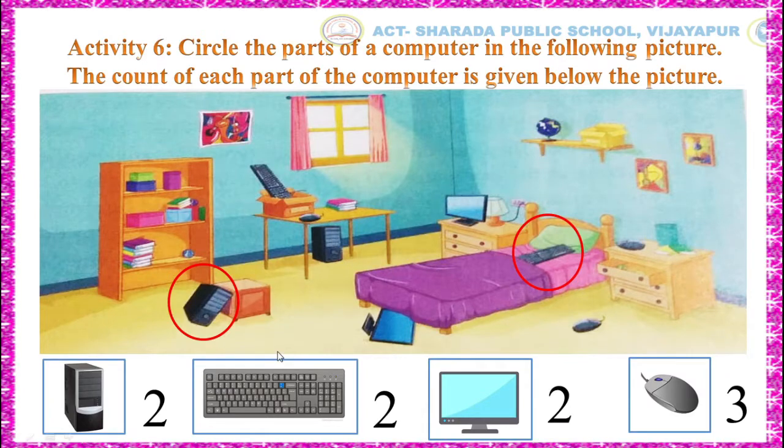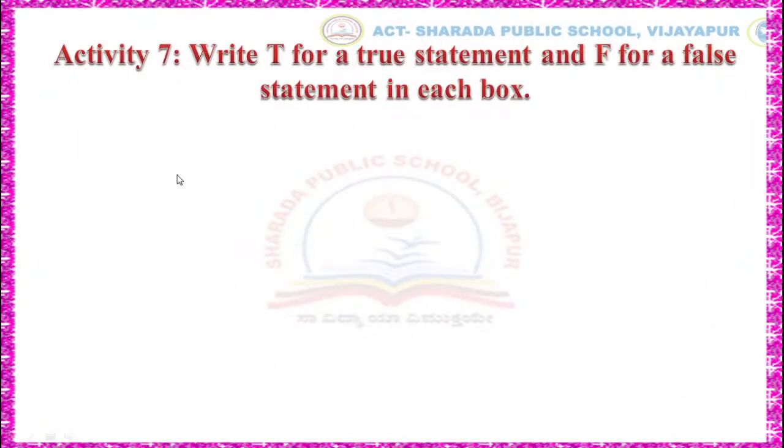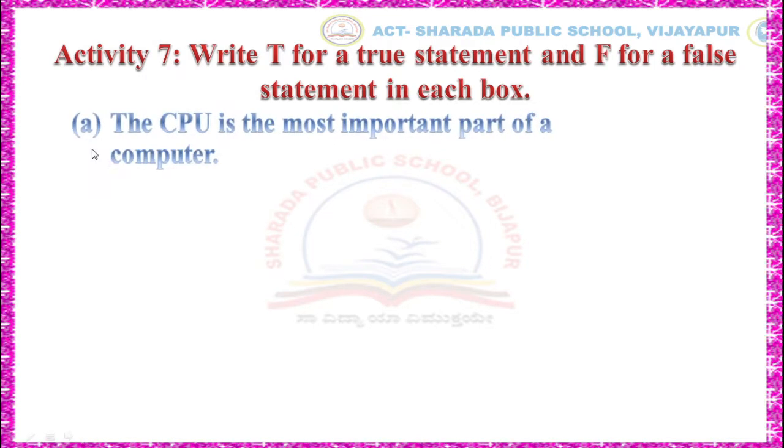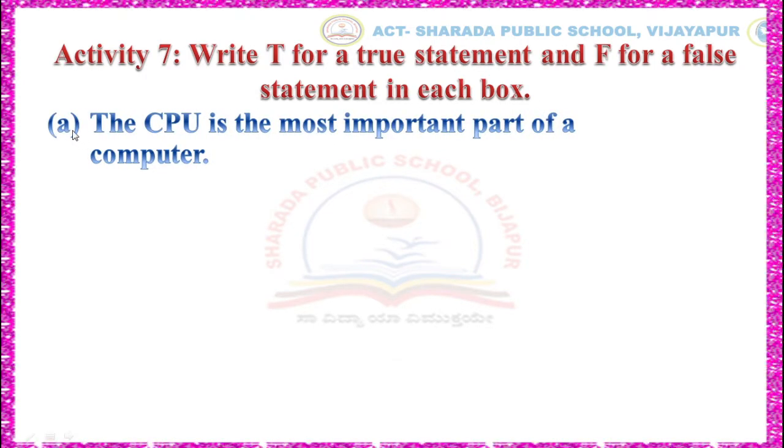We will move to activity number 7. Write T for a true statement and F for a false statement in each box. First question is A. The CPU is the most important part of a computer.